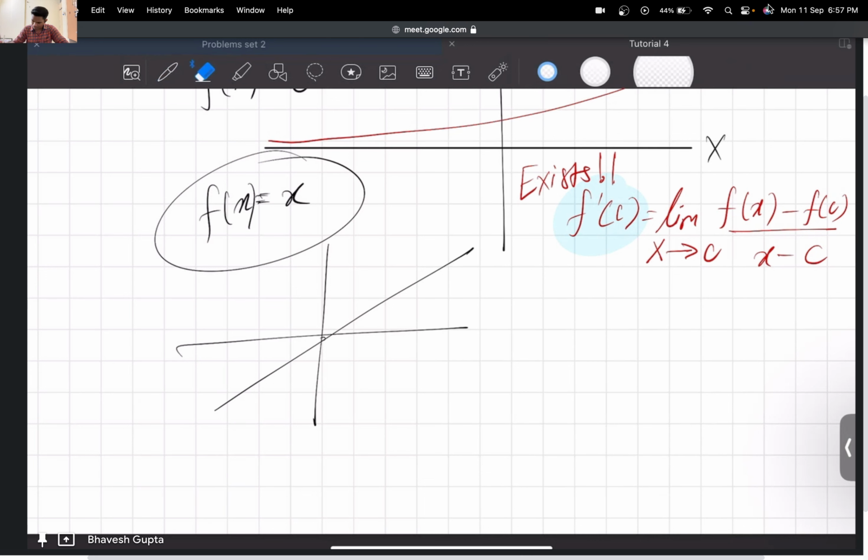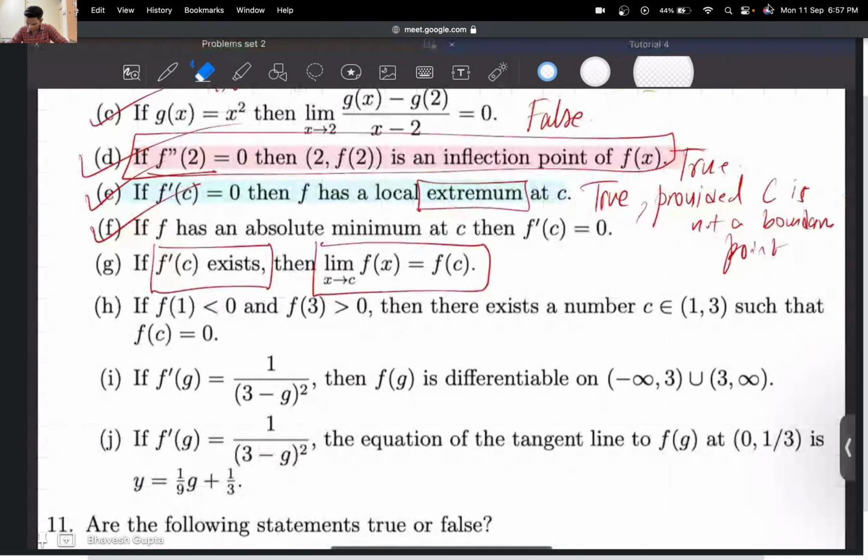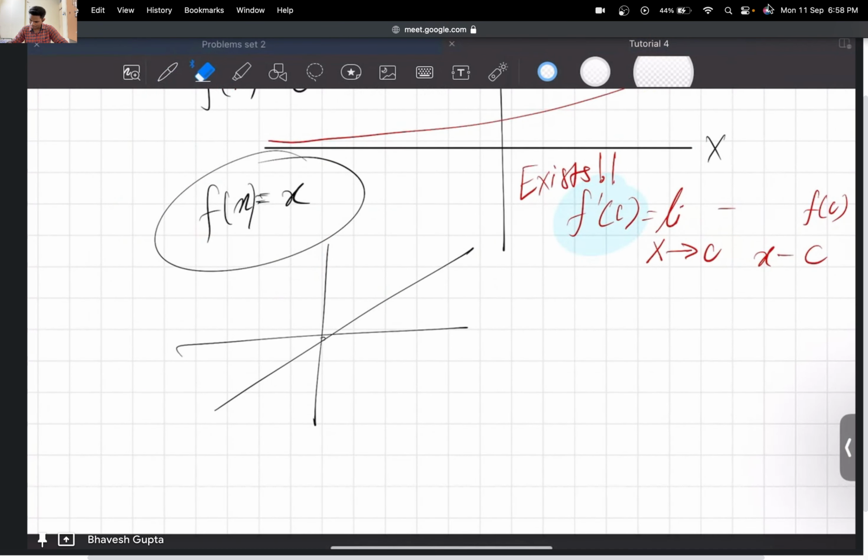But in the question they have asked me about this. Then is this numerator equal to 0? That turns out to be true. Yeah, that turns out to be true, right?